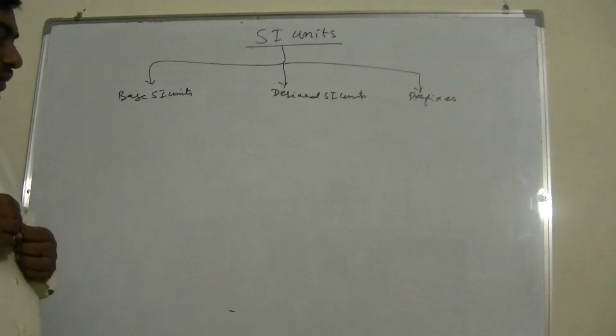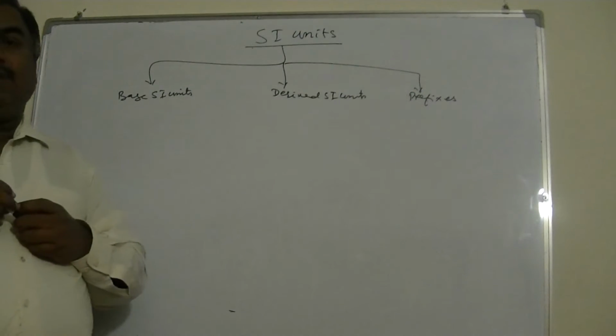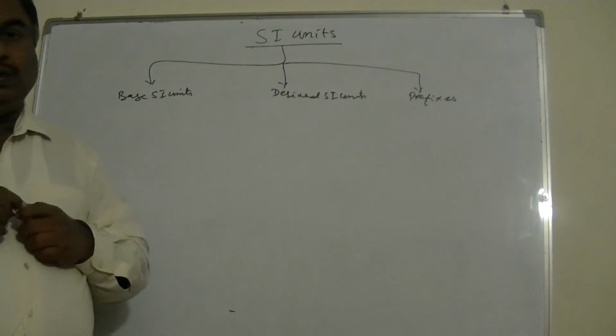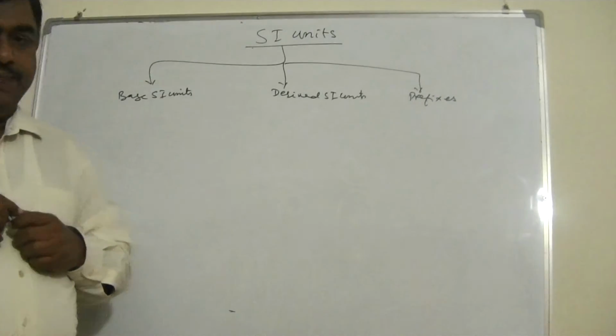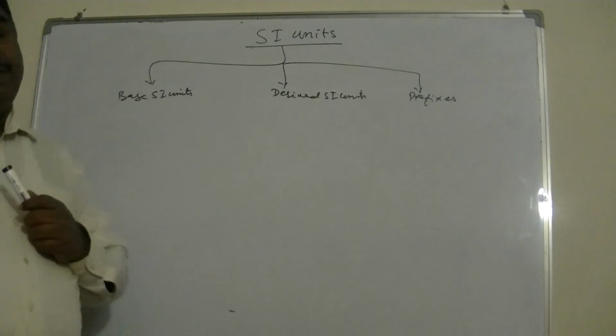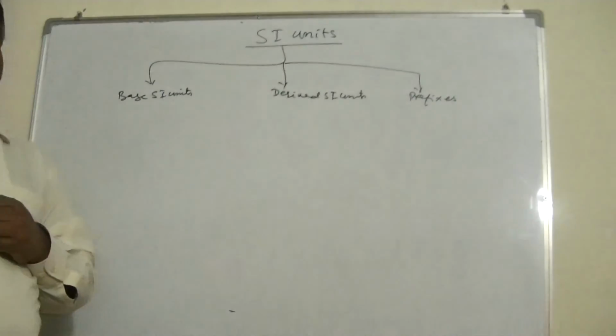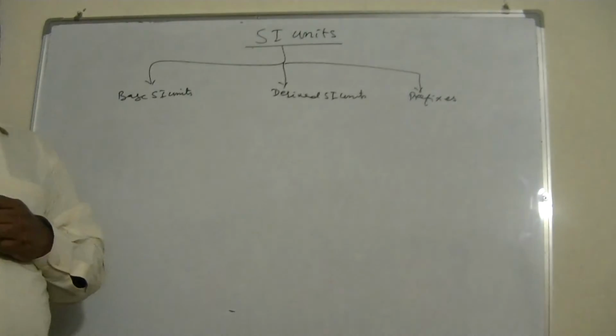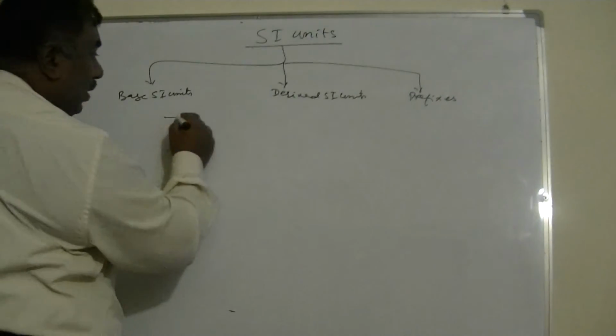Okay, let us see what those base SI units are. Actually, there are 7 base quantities defined in physics. But 5, you can say 6, are in the A-levels course, but the 7th, which is the luminous intensity, is not in the A-levels course, but you can write it. So we have the base SI quantities like this.